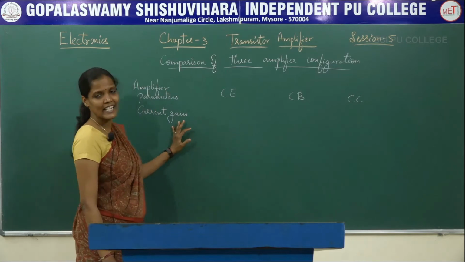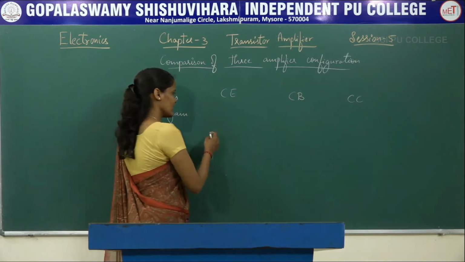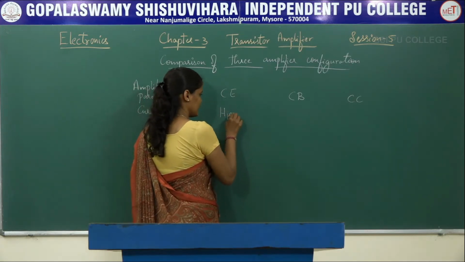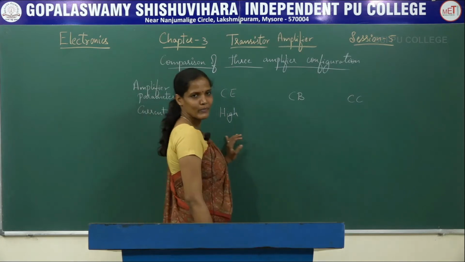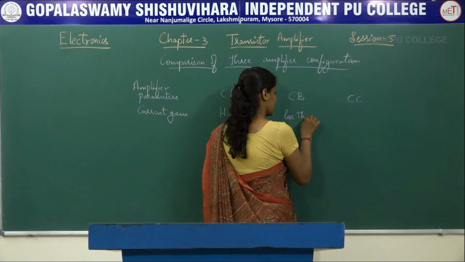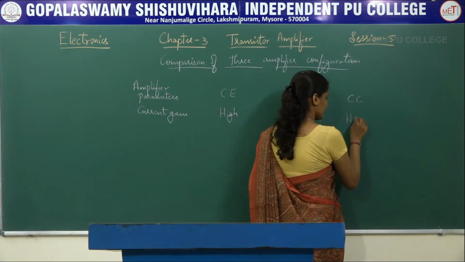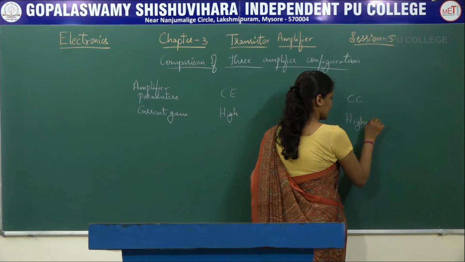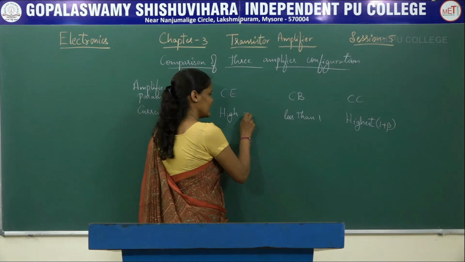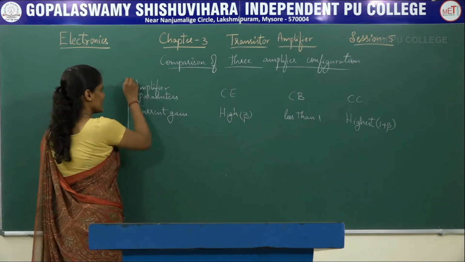The current gain in the common emitter configuration type of amplifier is high, whereas in the common base configuration it is less than 1, and here highest, whose value is around 1 plus beta. Here it is just beta, and for the common collector configuration it is 1 plus beta.